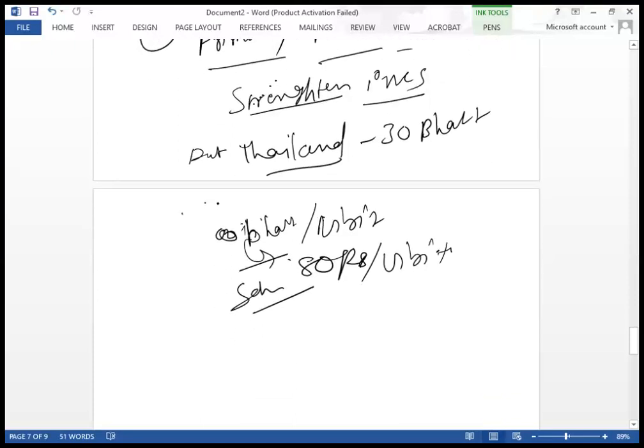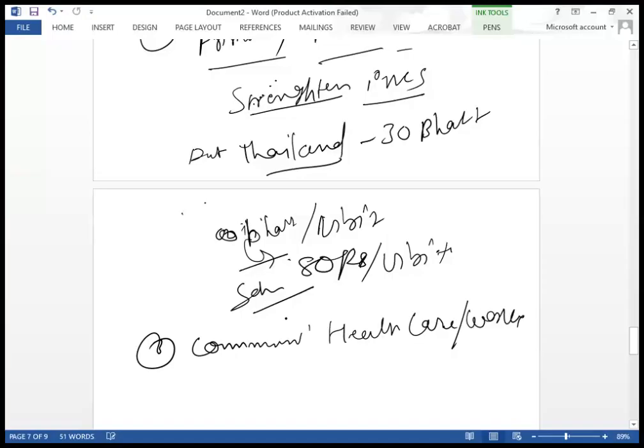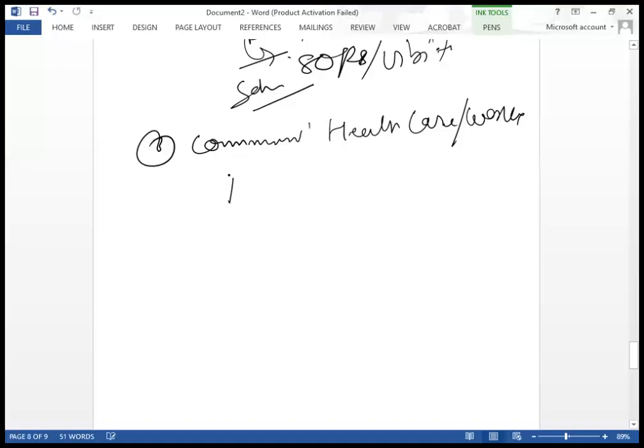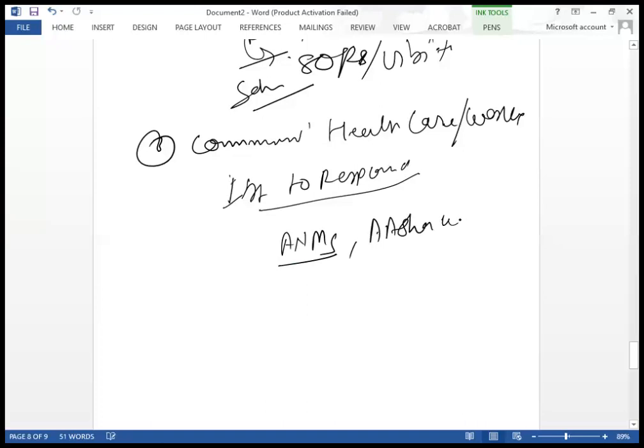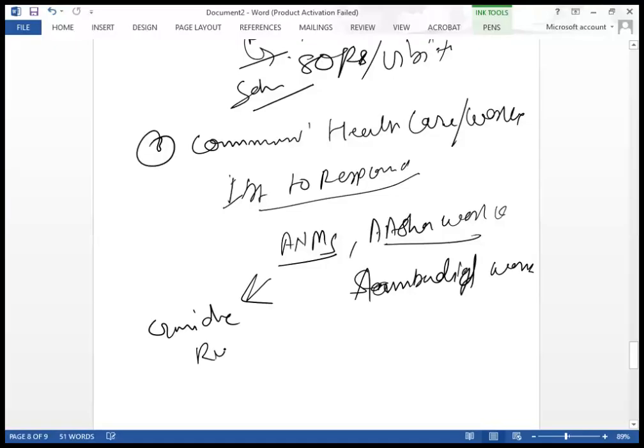And this primary healthcare system leads to the third point, that is community healthcare workers, who are the first to respond. Who are they? ANM and ASHA workers, and in some cases Anganwadi workers. So what can we do?